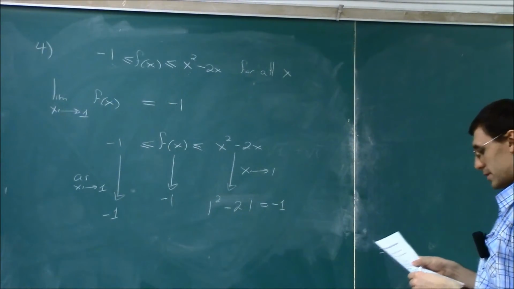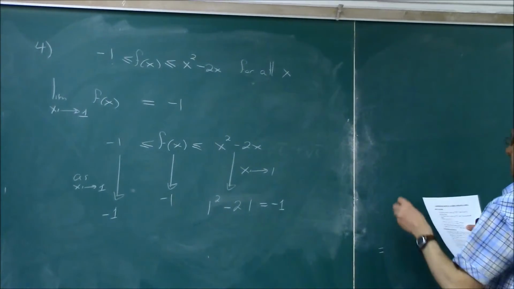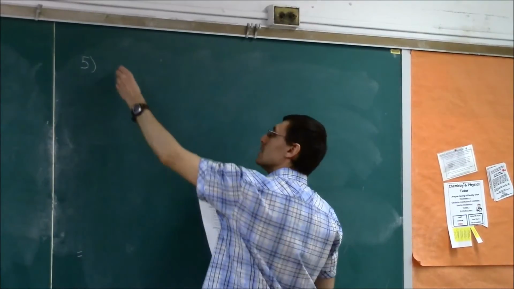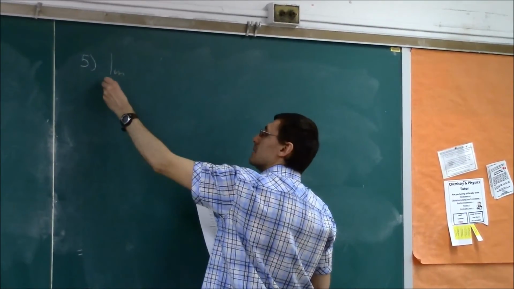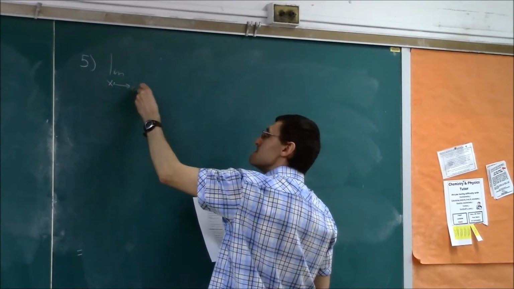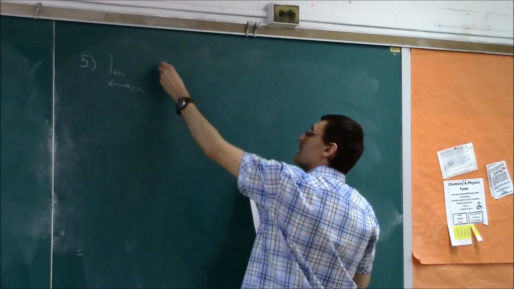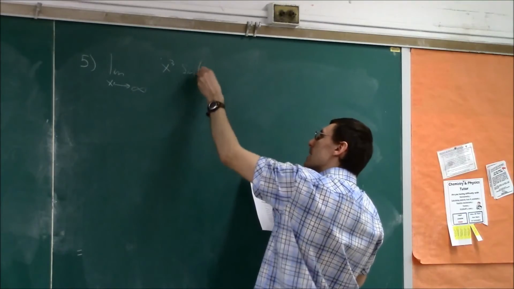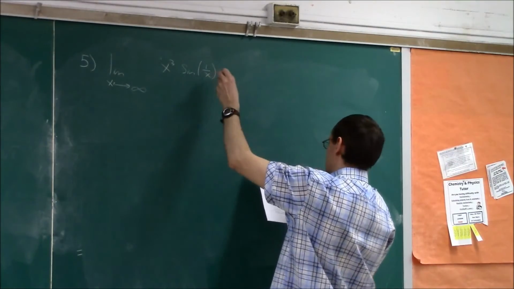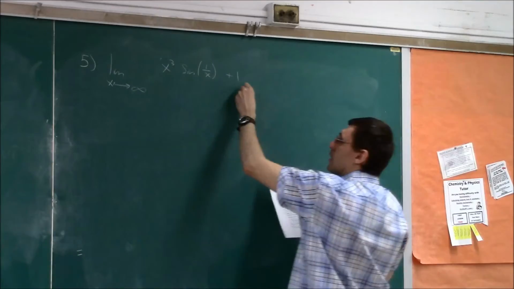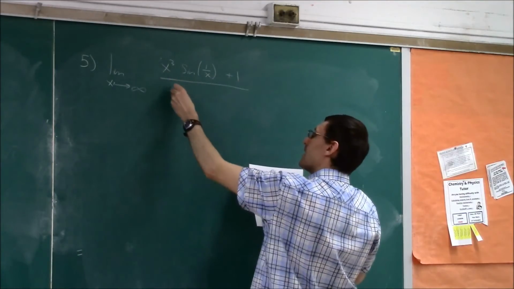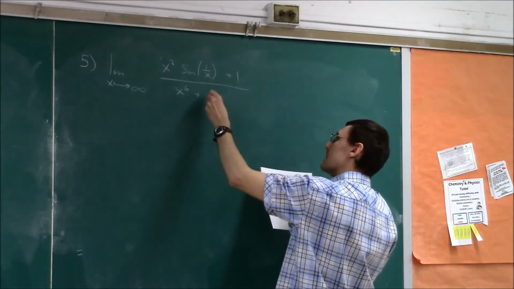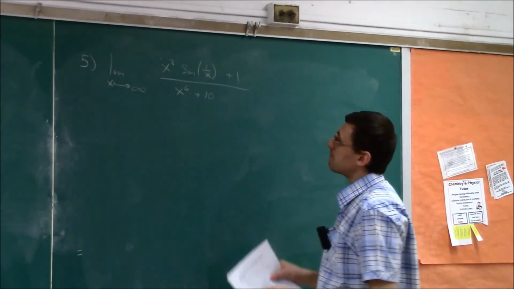All right, one more question for the squeeze theorem. Question number 5. Suppose that what we have is the limit as x goes to infinity of x cubed sine 1 over x plus 1 divided by x to the power of 6 plus 10.